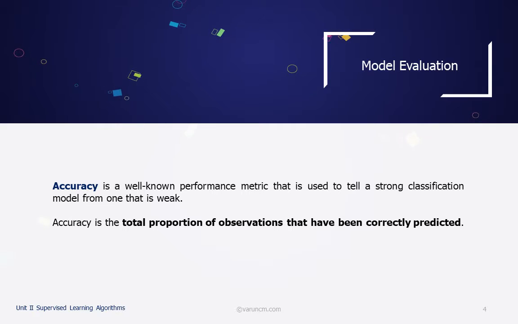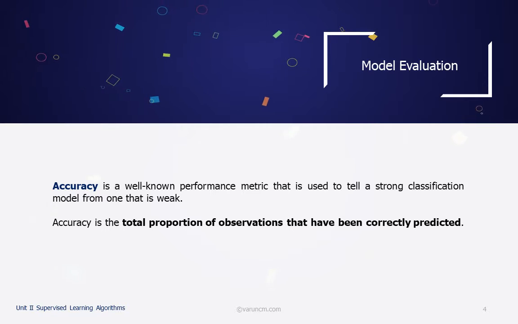What it denotes is the total proportion of observations that have been correctly predicted. That is what accuracy provides.